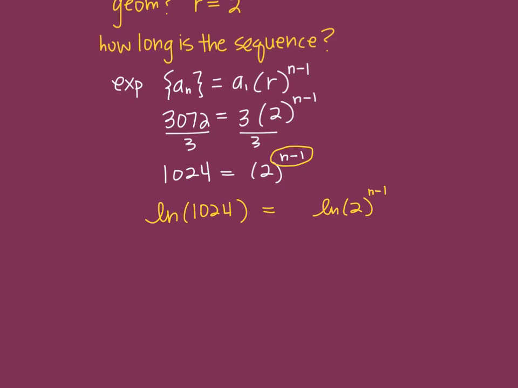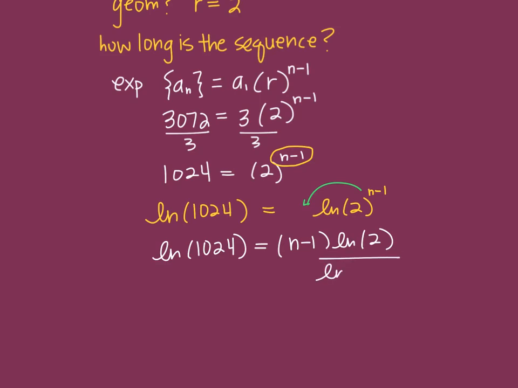The reason we do that is because the natural log allows you to pull the n minus 1 to the front. So my question becomes natural log of 1024 equals n minus 1, probably a good idea to put that in parentheses, and then ln 2 by itself. We just need to get that n alone, so let's divide by the ln 2.